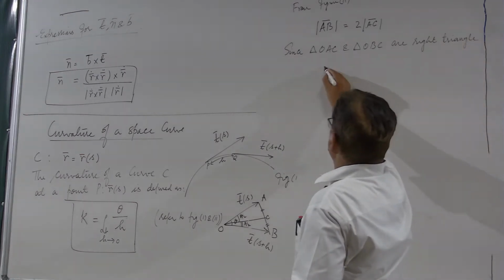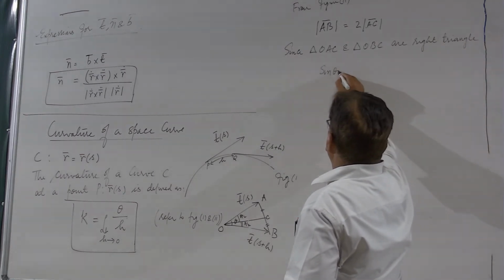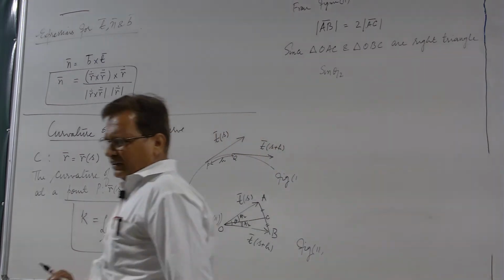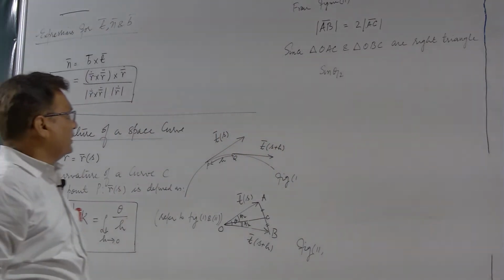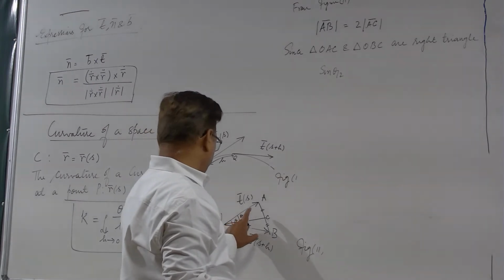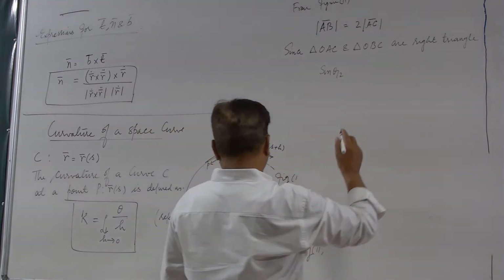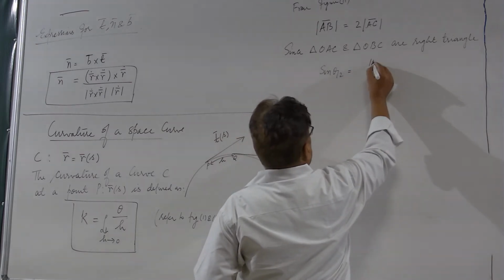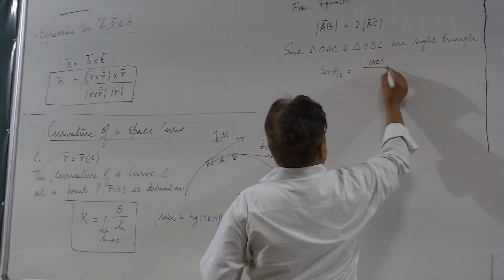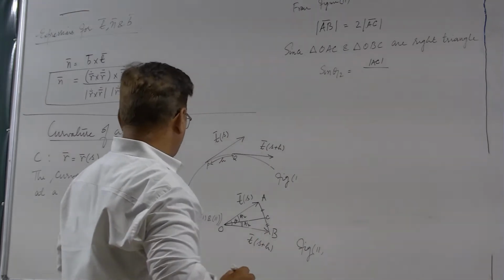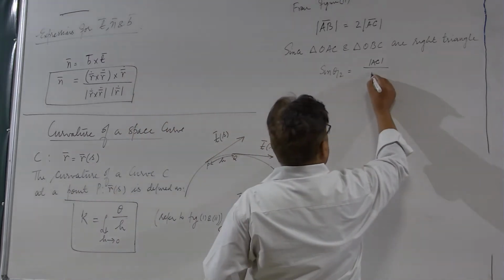you can compute sin theta by 2 from any of these two triangles. You pick any of them, they are congruent, it does not matter. So, let me pick the upper one, OAC. So, sin theta by 2 will be equal to AC upon OA.